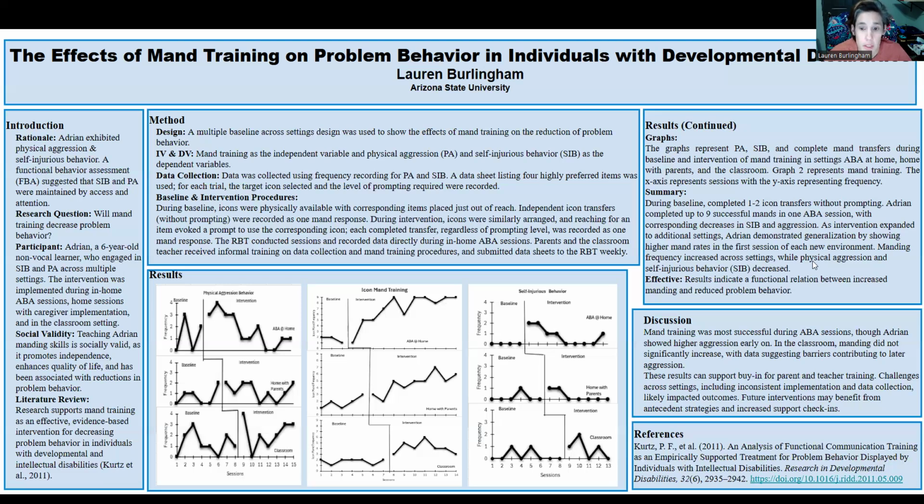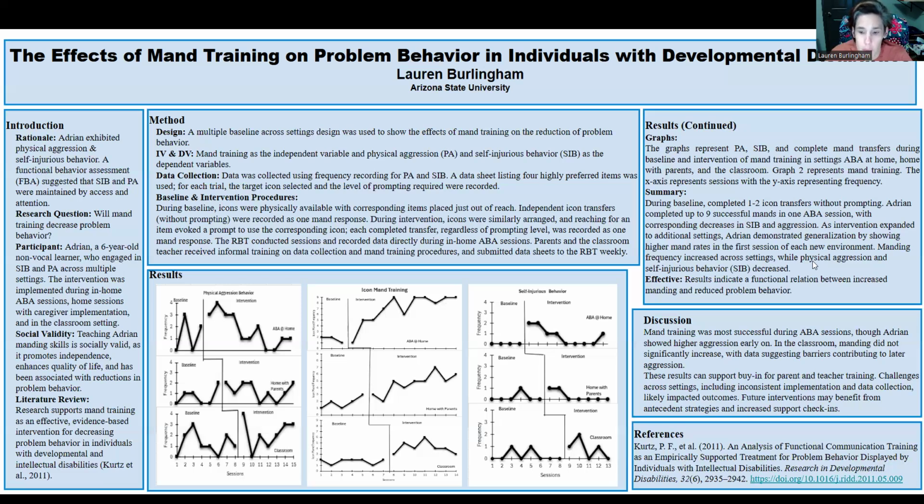With that being said, during intervention, the data for the problem behavior is only tracked during the times of actually teaching her the man training. It was not necessarily outside of the man training. So these were during sessions, or what were considered to be sessions.